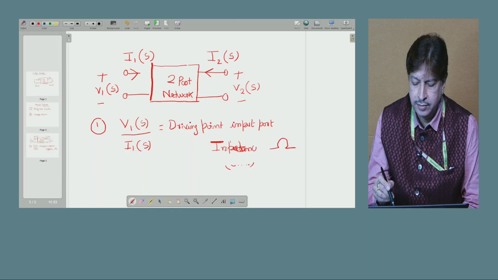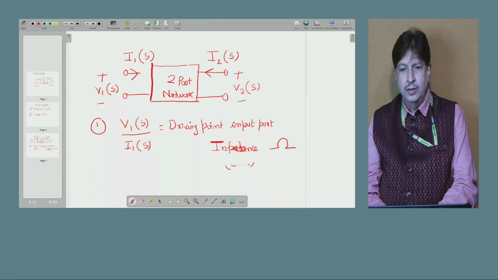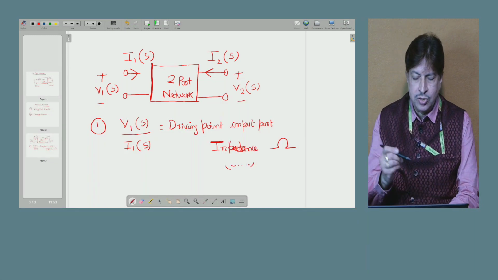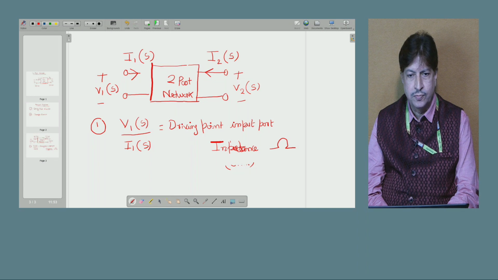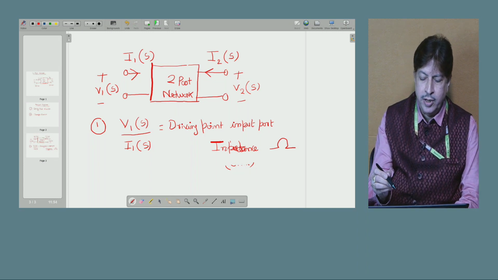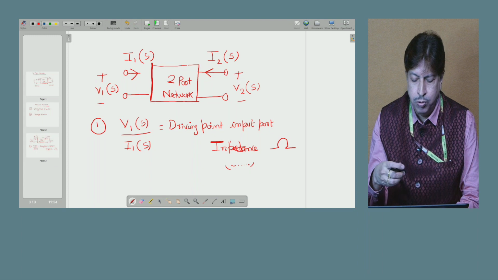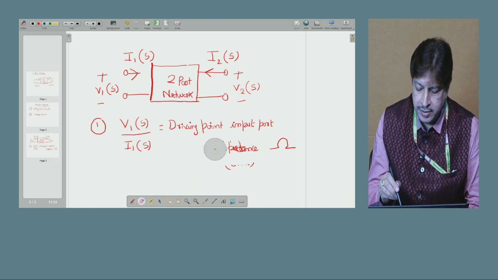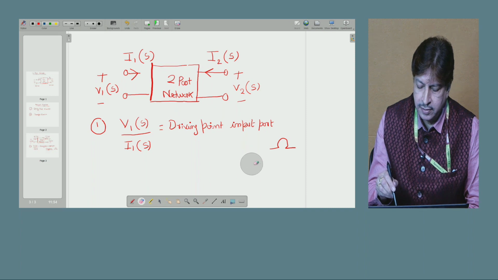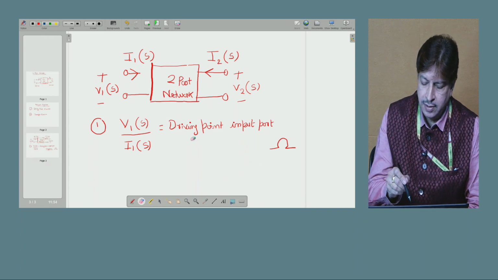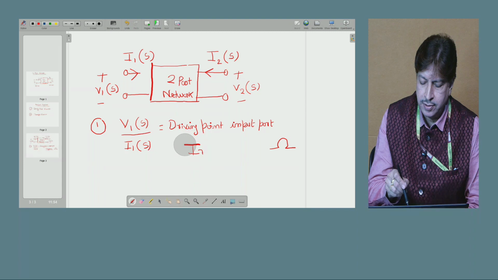The unit of this is ohms. Driving point input port impedance.